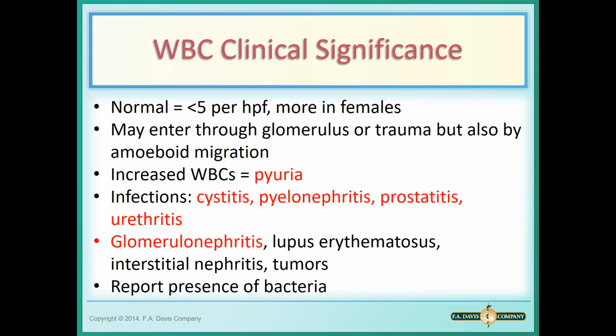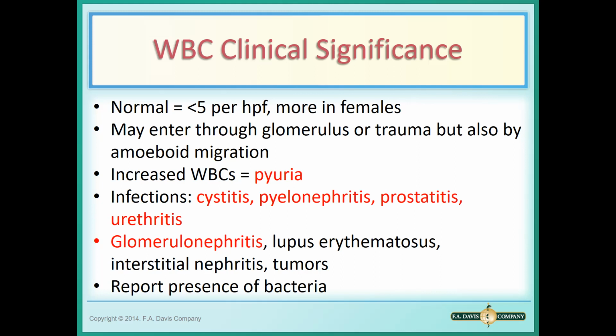White blood cells are infection fighters, and they're intentionally designed to be able to leave the blood vasculature and go into tissues. So there's a mechanism for that, and you'll learn that in immunology with me over the summer. So there are ways for white blood cells to get normally into the urine. So we do allow up to 5; that is insignificant.